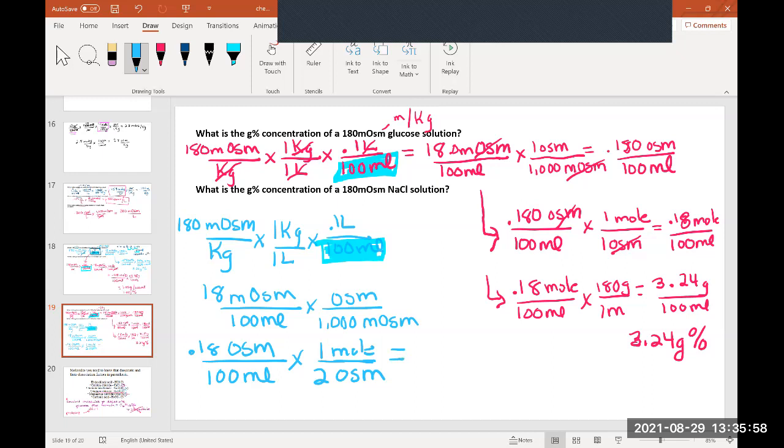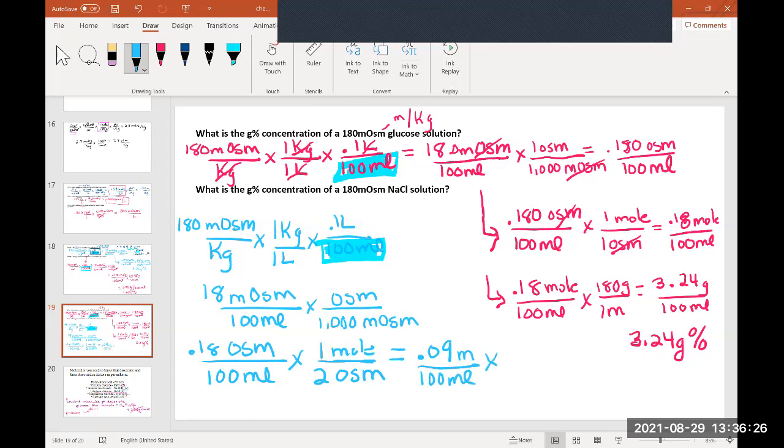So I divide by that. 0.18 divided by 2, I get 0.09 moles for every 100 milliliters, but we're not done. That's not in grams.